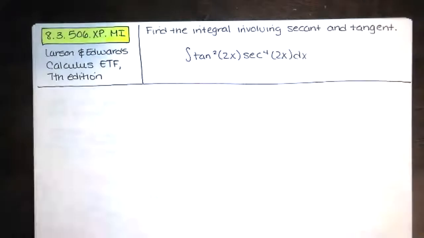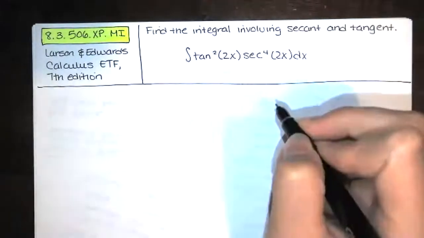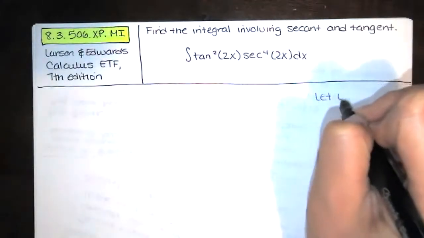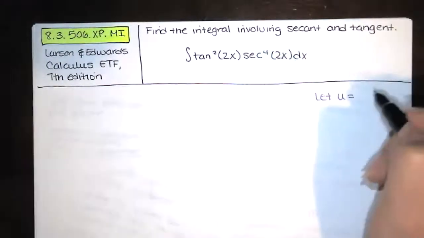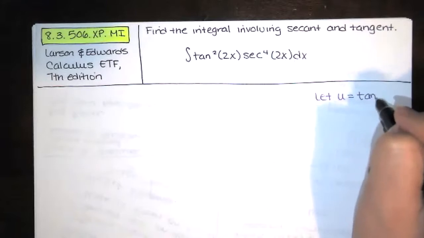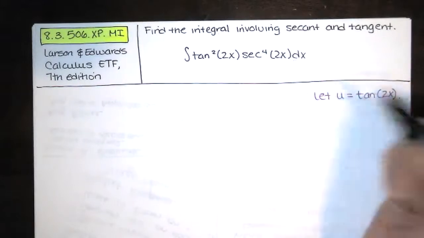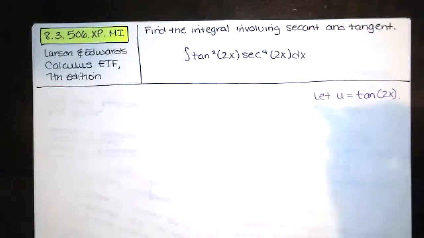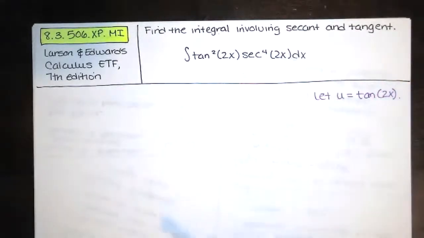And so we say power of secant is even and positive. Let's let u equal kx, where k is whatever that angle is, or that constant is. So we're going to let u equal tangent of 2x. Now, if you read those guidelines further, it would say save a secant squared factor for du.